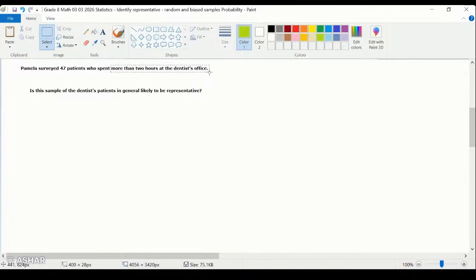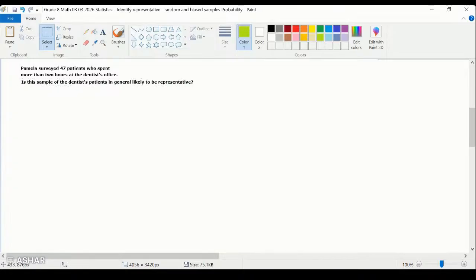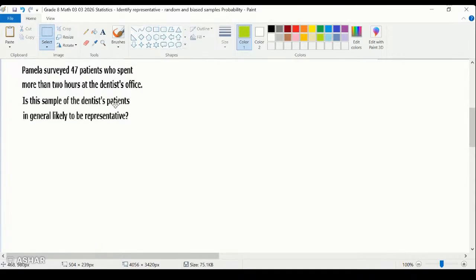Is the sample a representation, in general, of the time spent? Let this be our question number 4.